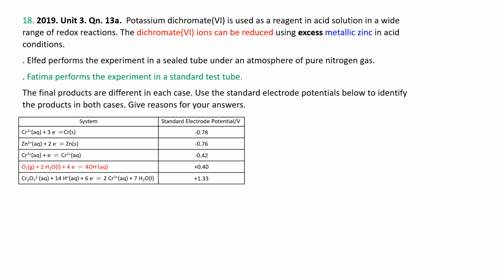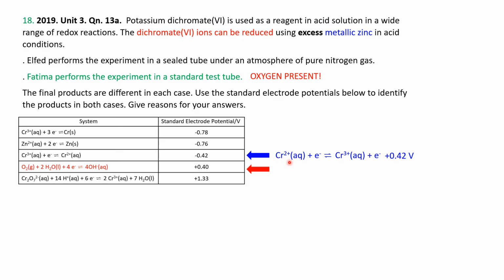So the big thing with Fatima's experiment is she did it in a standard test tube, which means that oxygen is present. And here's oxygen, which can be reduced to hydroxide under the appropriate conditions with plus 0.4 volts. So we've got a potential reduction half equation, and then we've got Cr2+. Well, of course, we made Cr2+ via a reduction, but the fact you make Cr2+ via a reduction means that you can also have Cr2+ being oxidized.